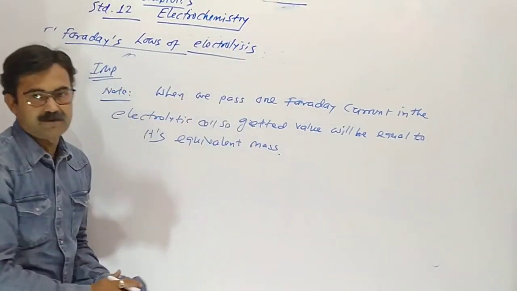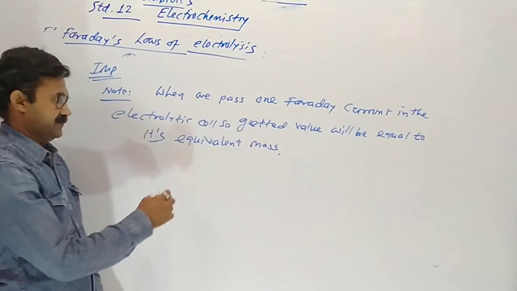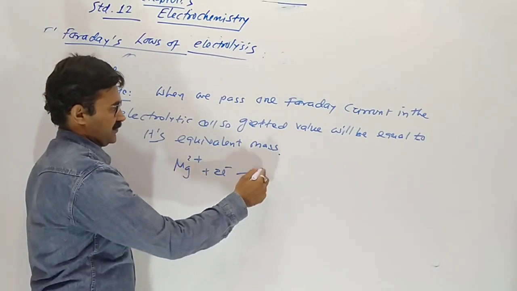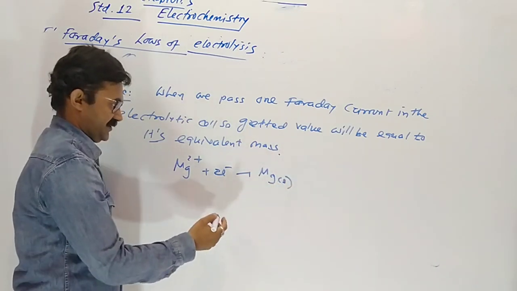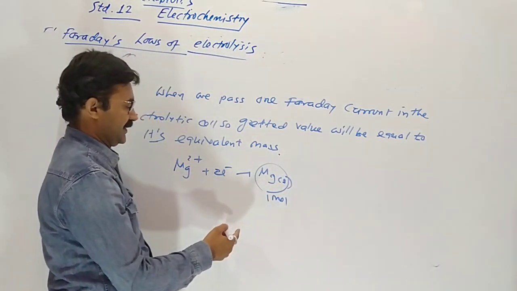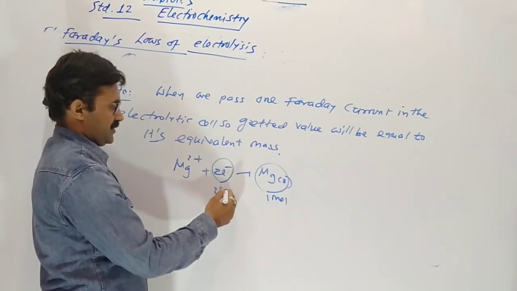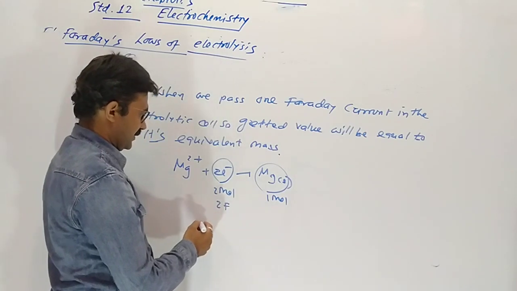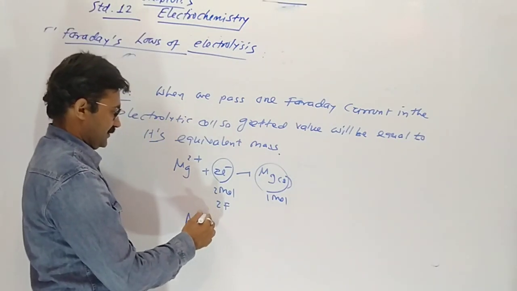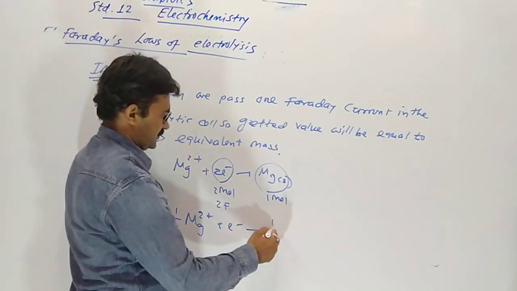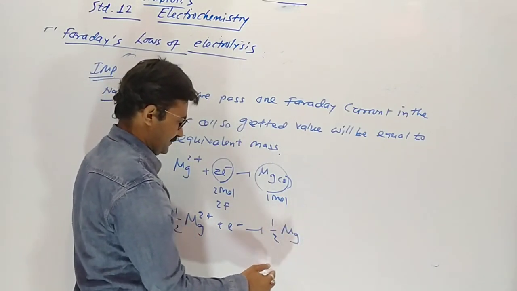Like this for magnesium, Mg2+ gains 2 electrons, gives magnesium. Here 1 mole magnesium requires 2 Faraday. So at 1 Faraday how much? So we divide the equation by 2. So we get 1 half Mg.